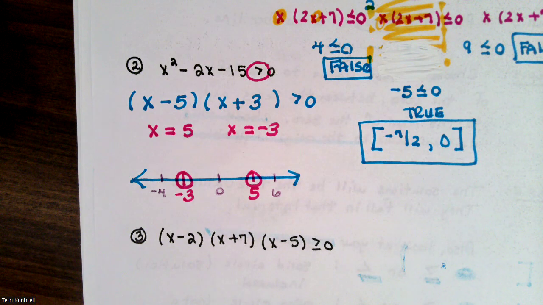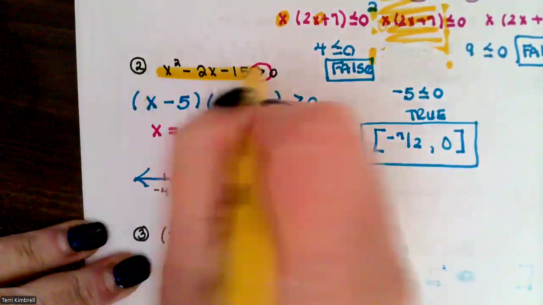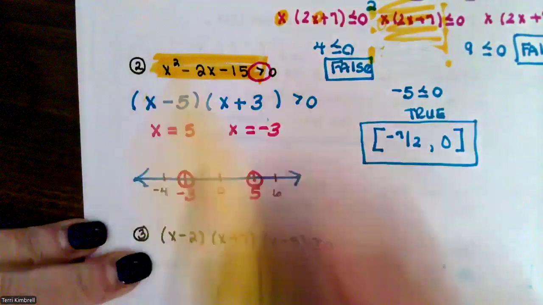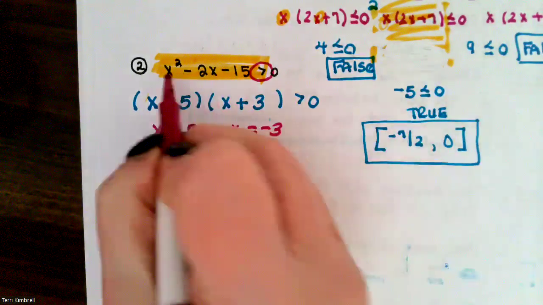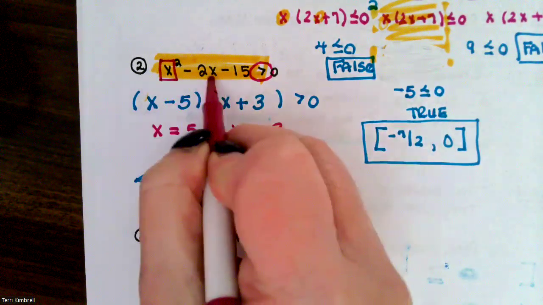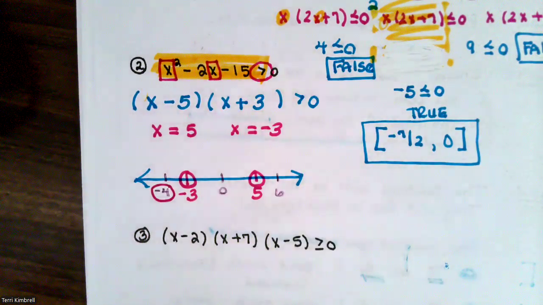Okay, when you do this, you're going to go back to the original problem. So we're going back to that right there. Everywhere you see an x, you are going to put in the value that you are testing.